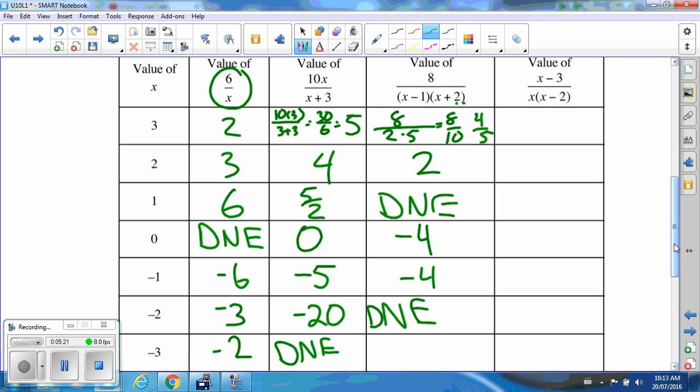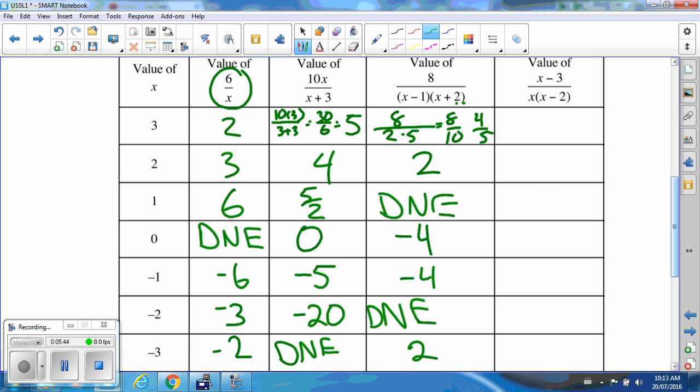Can't divide by 0. If I put in -3, -3 minus 1 is -4. -3 plus 2 is -1. -1 times -4 is +4. So my overall denominator is +4.